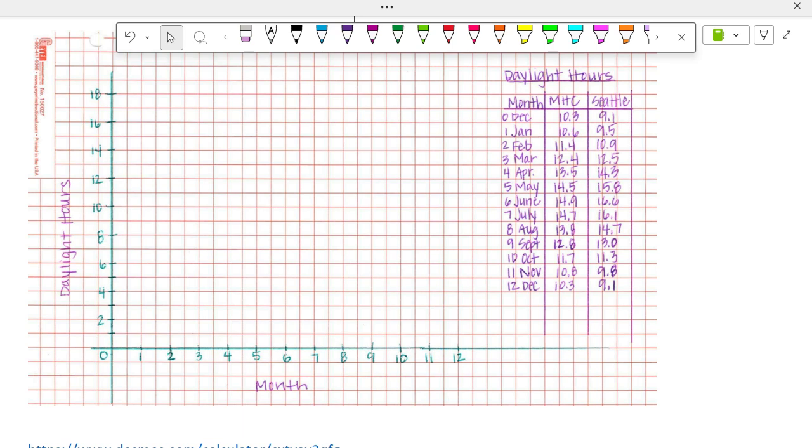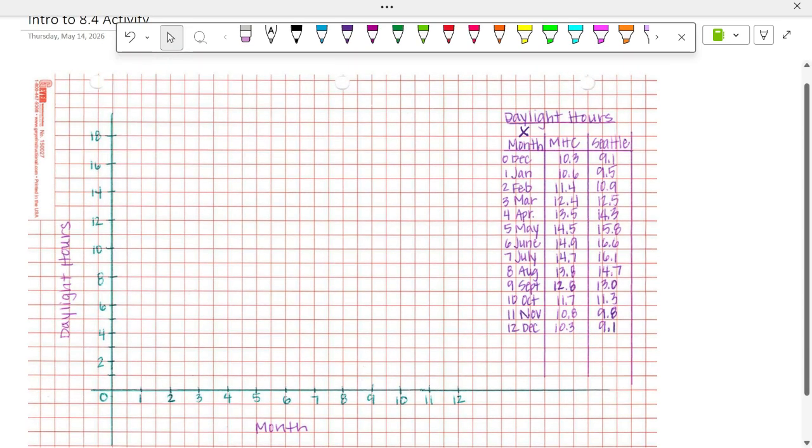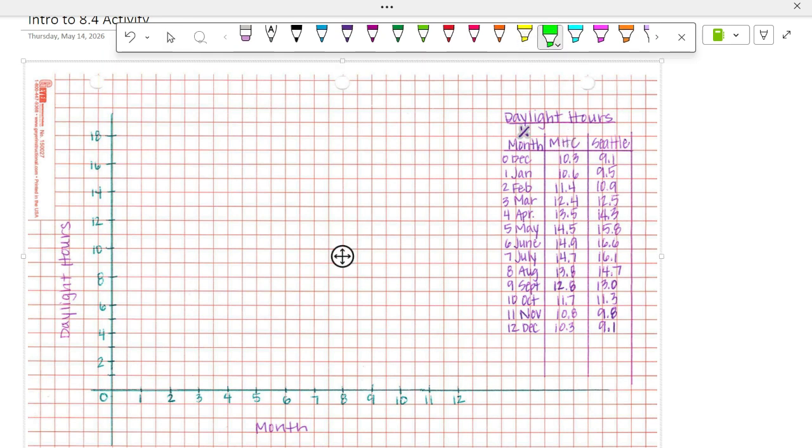Now, your month is going to be your X value. So over here, this is your X value. And your daylight hours based off the city is going to be your two Y values. So you're going to have two different graphs.